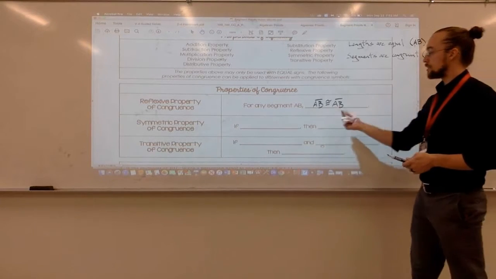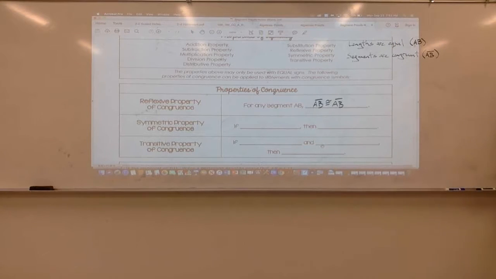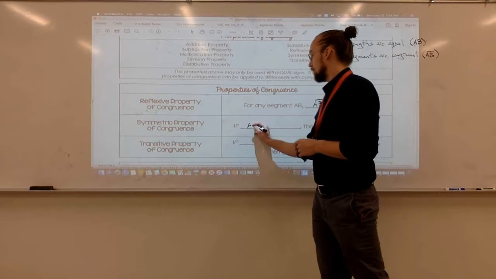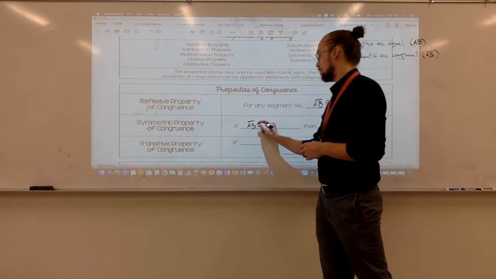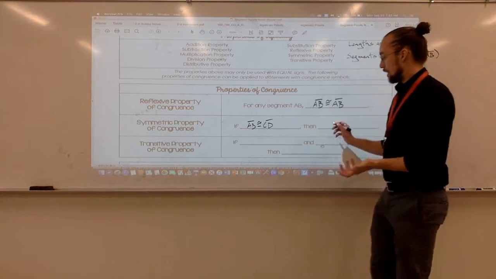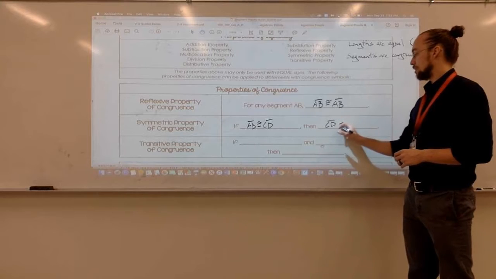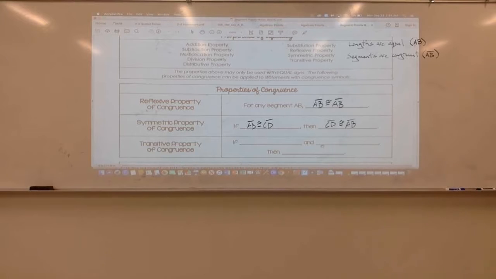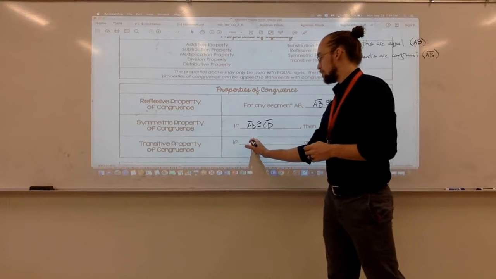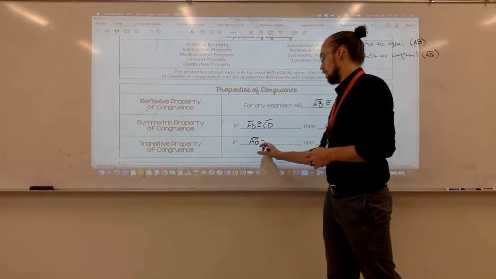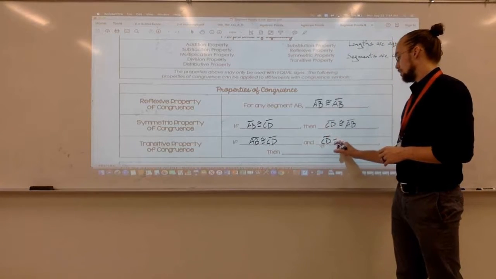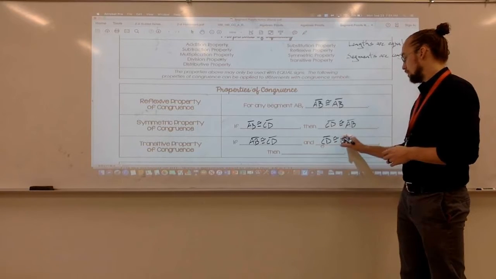So the reflexive property, we can just say a segment is congruent to itself. The symmetric property, I can flip things across a congruent symbol. So if AB is congruent to CD, then I can say CD is congruent to AB. And then the transitive property, if two things are congruent to the same thing, we can say AB is congruent to CD, and CD is congruent to EF.